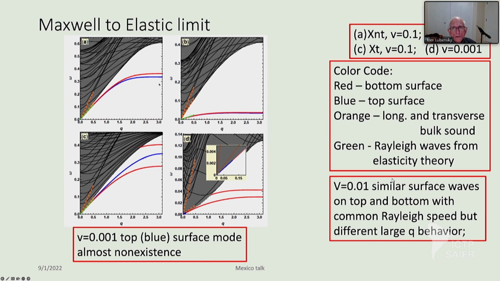And notice this one is a non-topological thing. I've turned on the next nearest neighbor force V, and we come down and we find that the red and the blue follow the same slope near Q equals 0, which is what you get out of the Rayleigh mode down here.